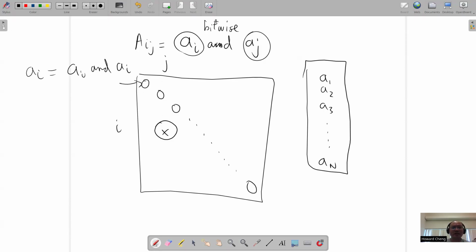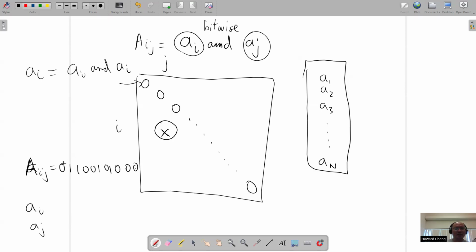Okay, so bitwise AND means that we have to look at the binary representation of these things. Now, let's say AIJ in binary is, I don't know, just make up some binary, in the capital A matrix. Then what do you know about AI and AJ?